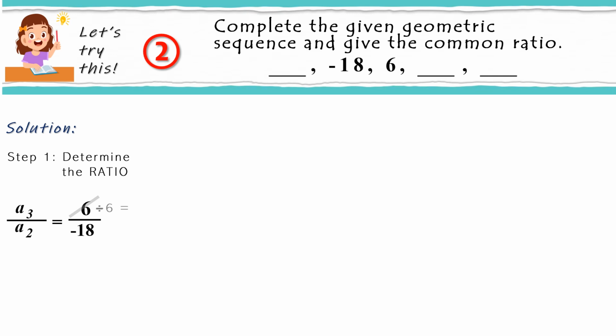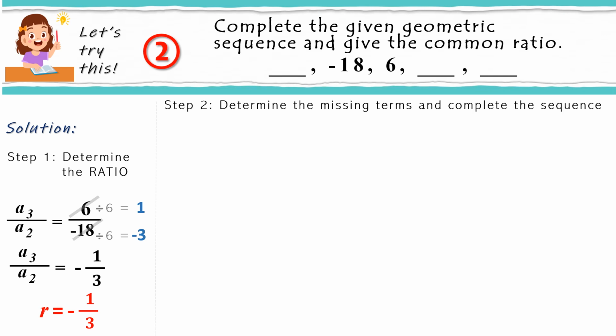So, 6 divided by 6 is 1. Negative 18 divided by 6 is negative 3. So, ang ating ratio ay negative 1/3. Ang negative 1/3 ay nasa lowest term na. So, yan ang ating common ratio.